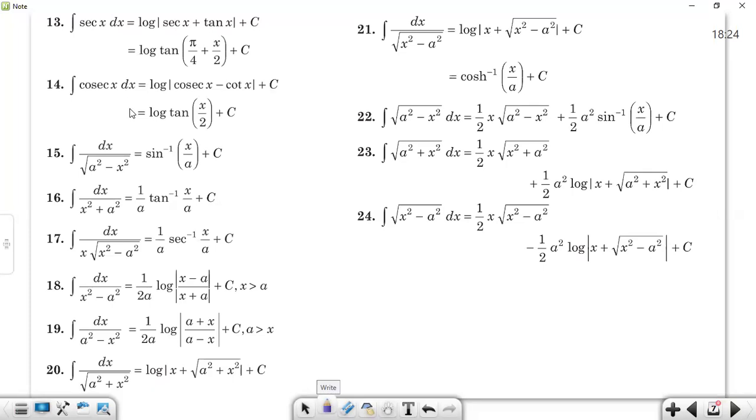So don't try to write all the formulas at once. Try to learn them in parts. Let's say first I'll learn only six trigonometric integration formulas, then six inverse trigonometric formulas, and then I'll learn these special forms.